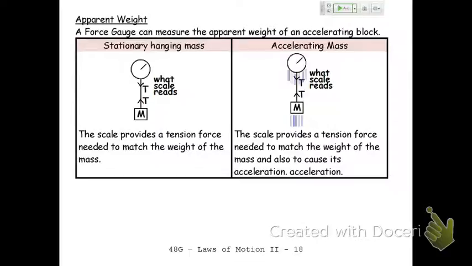So I weigh, well, it depends on what my scale is set to. We're not going to talk about pounds. I could have a scale that's calibrated in newtons, in which case it's a force scale. That same spring can be calibrated in mass, kilograms, in which case it's a mass scale.